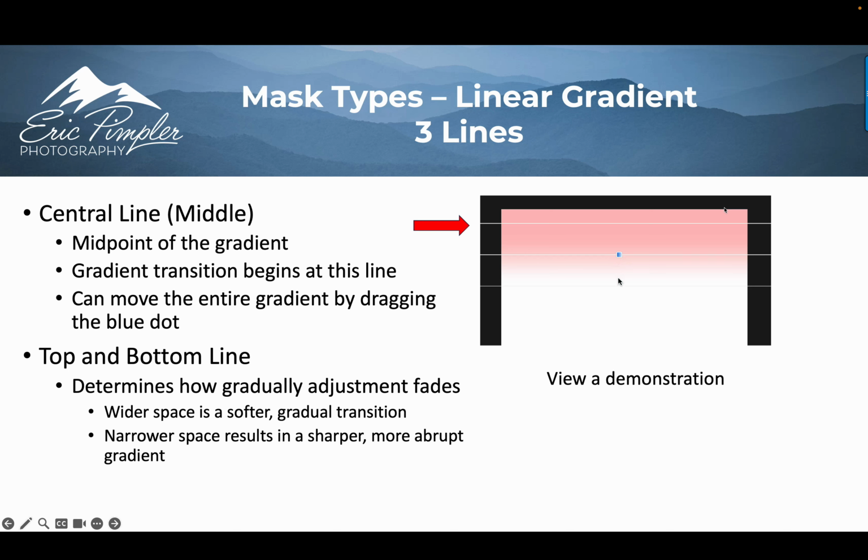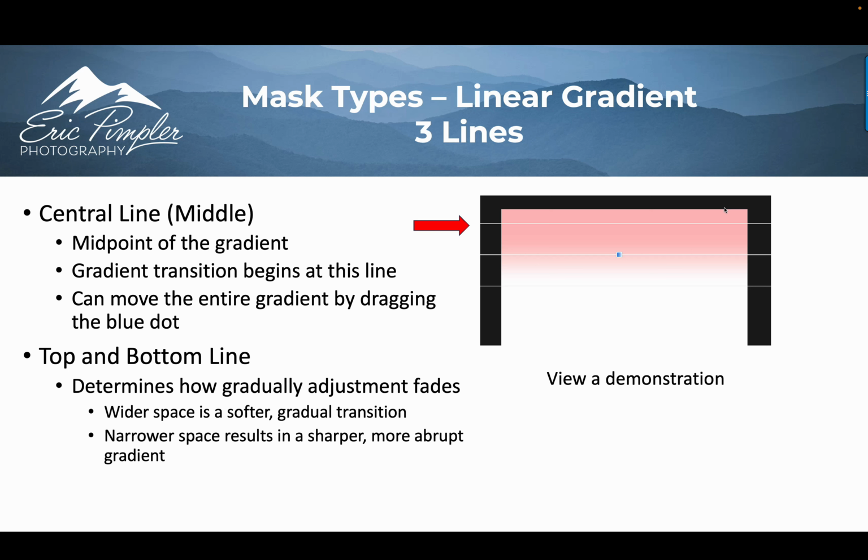Then as you move further down towards the bottom line, you're getting a transition. The transition begins at that line and begins to fade out as it moves down to the bottom line. You can also move the entire gradient around just by picking up the blue square and moving it with your cursor or your trackpad. So you do have the ability to move it as needed.